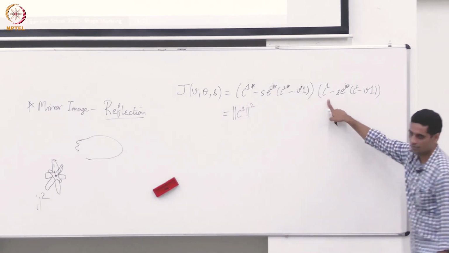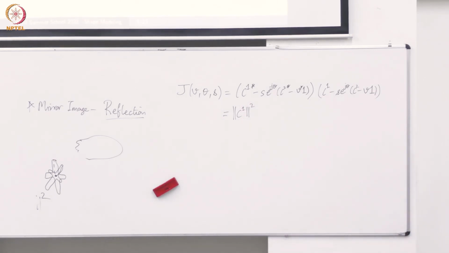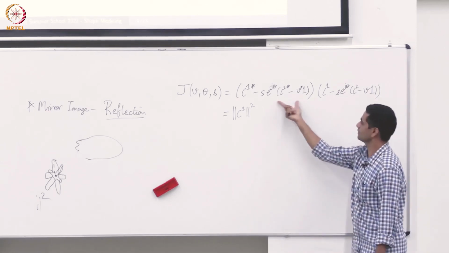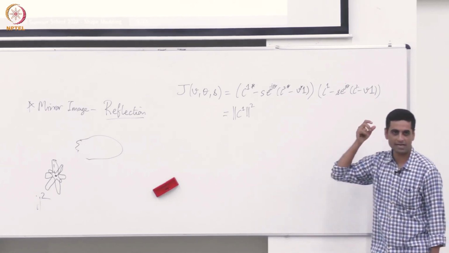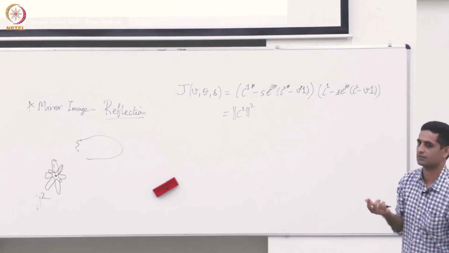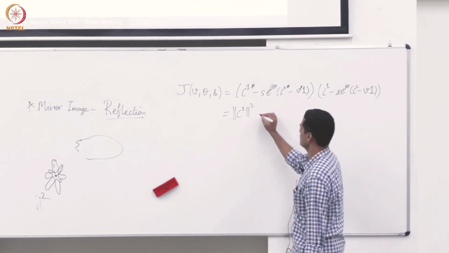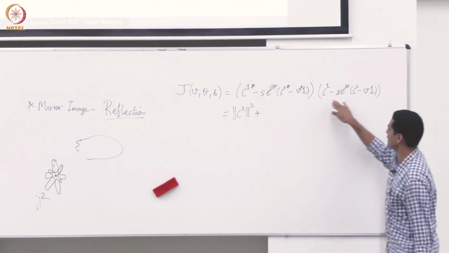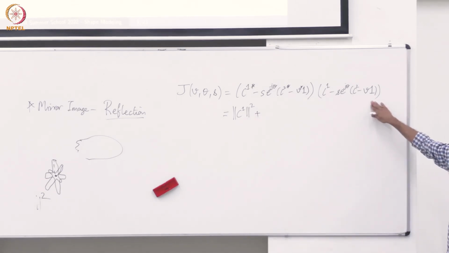C1 star C1, that's norm C1 squared. Then the last one. S, by the way, stands for scaling, so that's a real number. What is this multiplied by this?